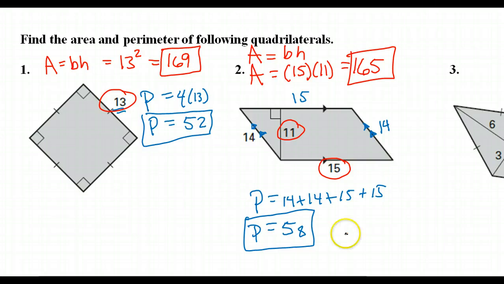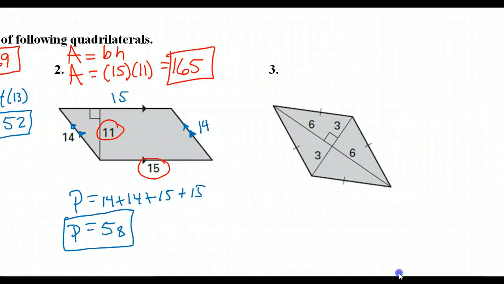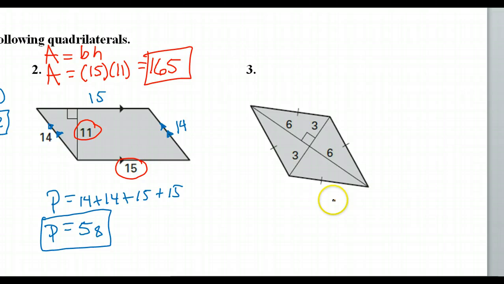All right, let's move on to number three. Okay, well, this is a rhombus. The formula for the area of a rhombus is 1/2 diagonal times diagonal. This works for a kite too, by the way.